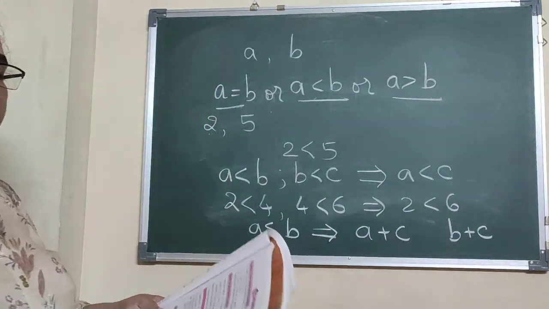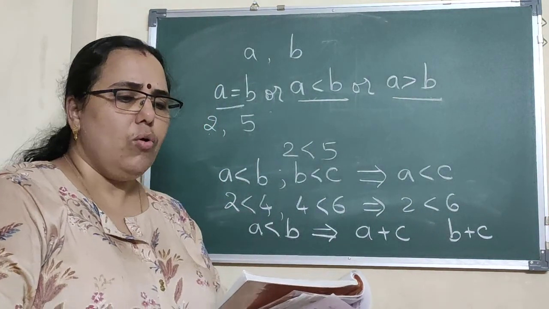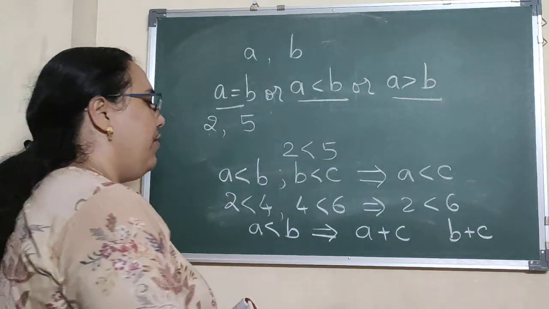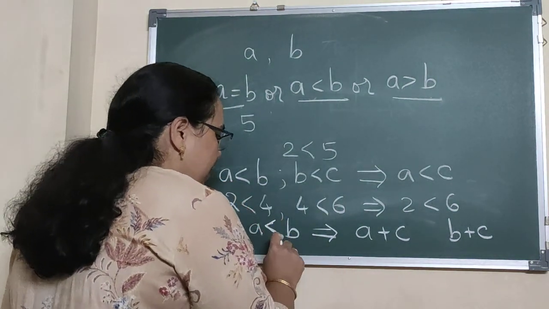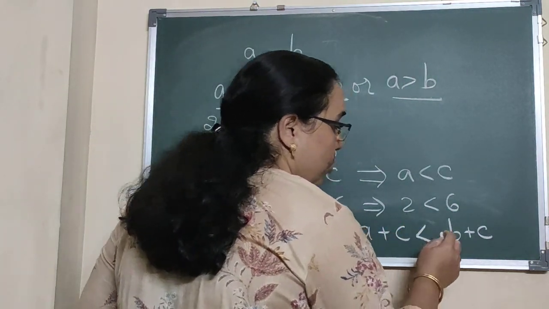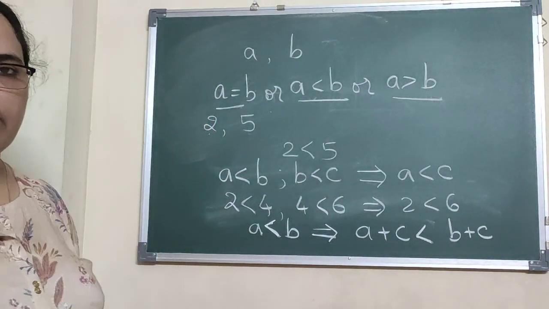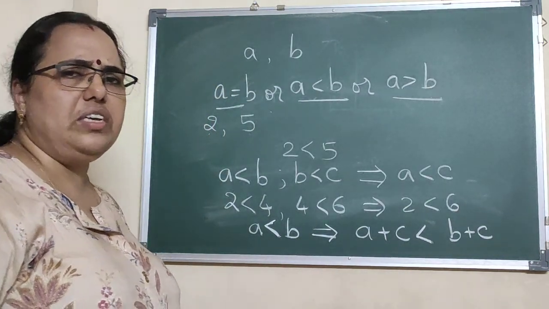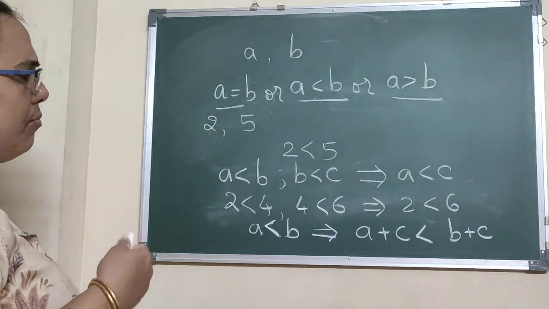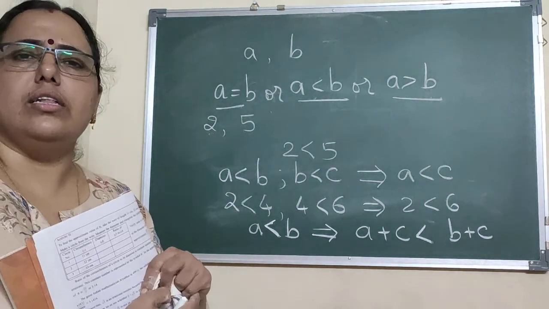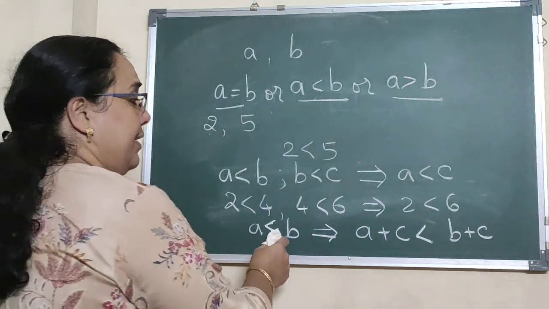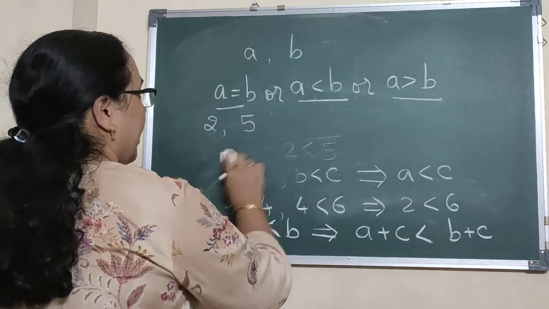Whatever might be the number C, what you will find is it always remains the same. That is A plus C is also less than B plus C. Take any example, positive, negative, any numbers. You will find it is one and the same. The relation is maintained.